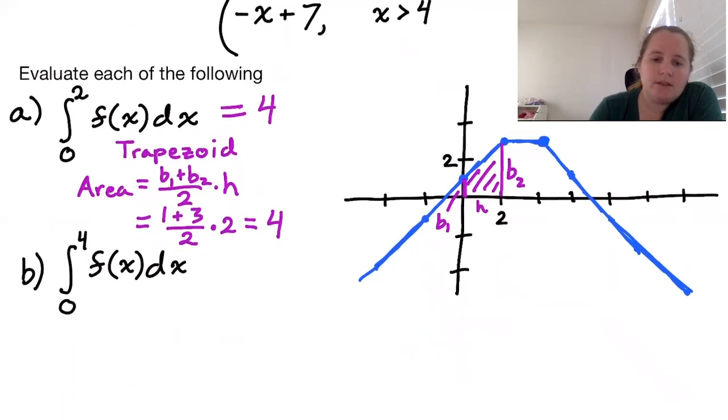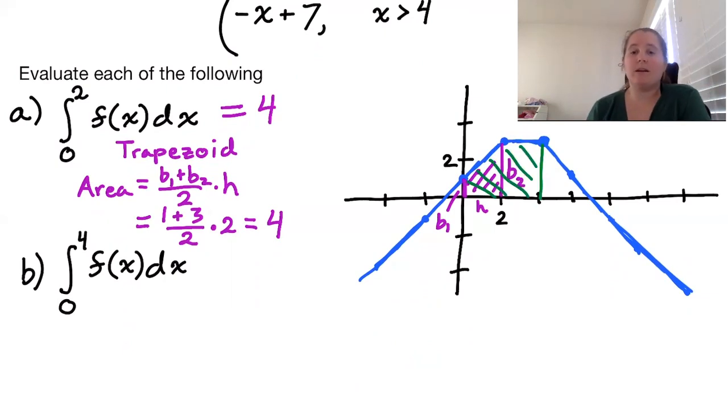Next up, we want to continue that on and go all the way to 4. And now we want this whole part. Basically we have that purple trapezoid plus the green rectangle.